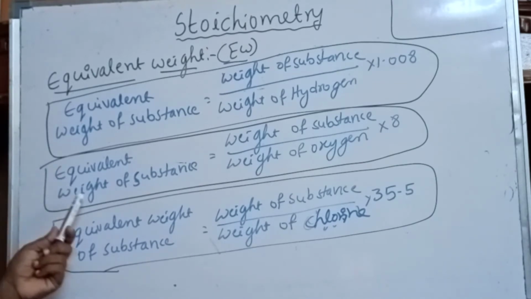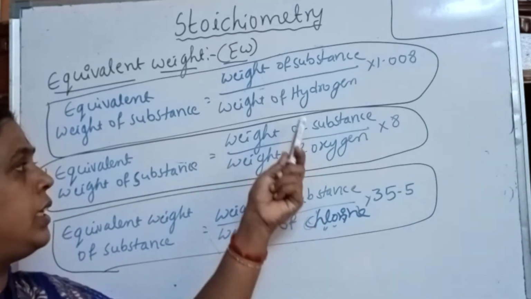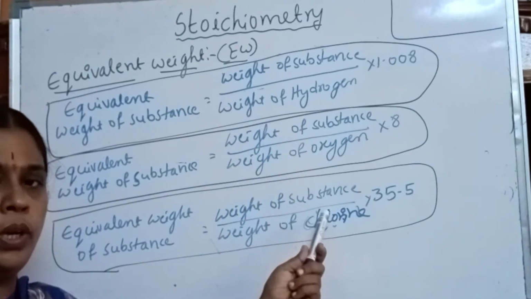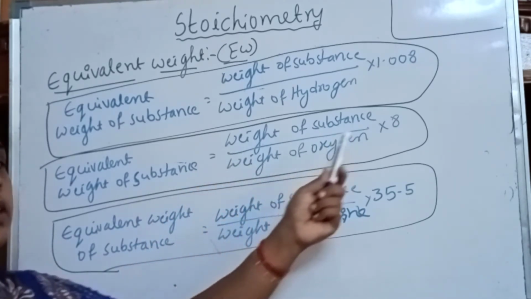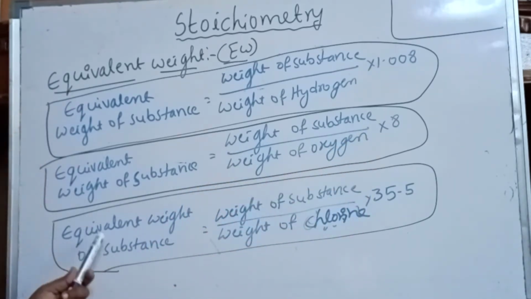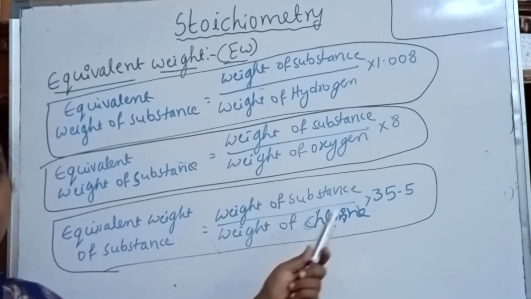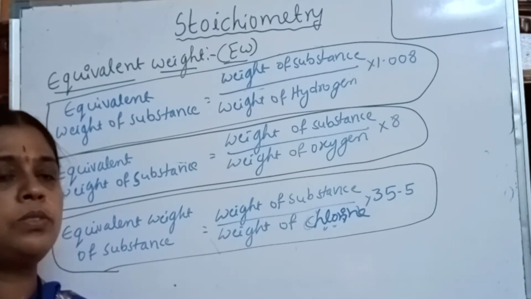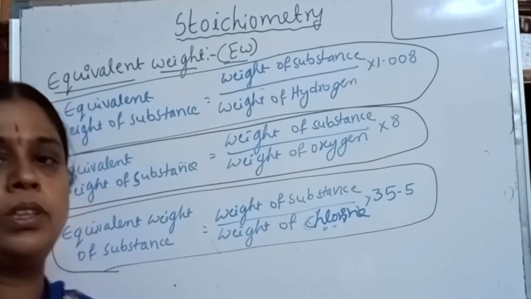With respect to oxygen, it is the weight of the substance divided by the weight of oxygen, into 8. And with respect to chlorine, it is the weight of the substance divided by the weight of chlorine, into 35.5. So by using this we can calculate the equivalent weight of the substance.